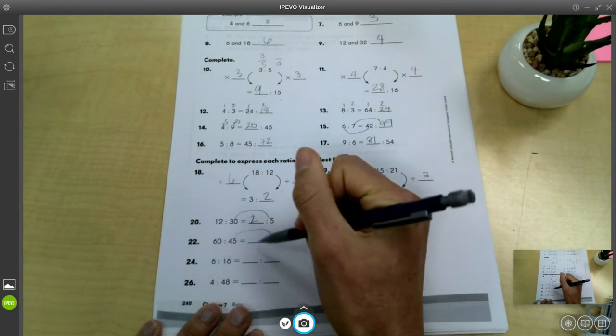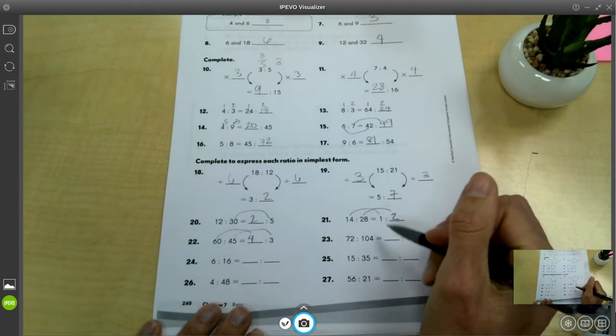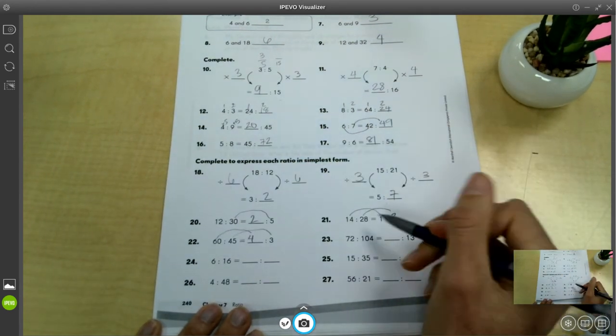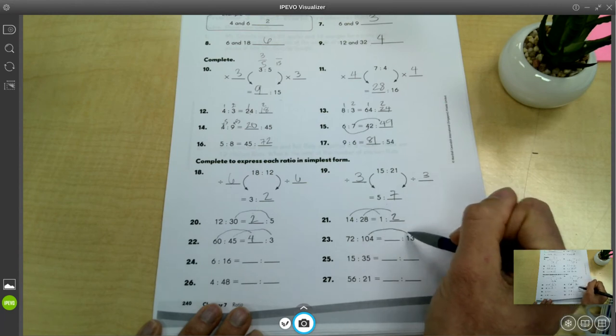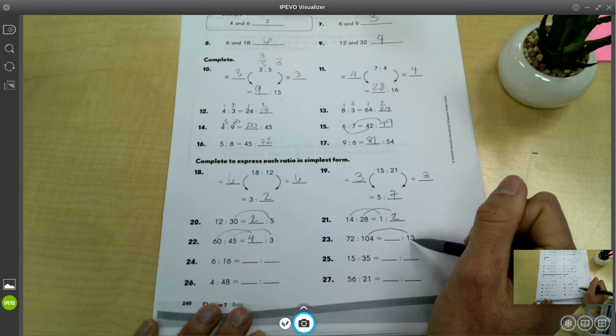45 divided by 15 is 3, so 60 divided by 15 is 4. Thinking of a clock there. All right. 104 divided by what is 13?